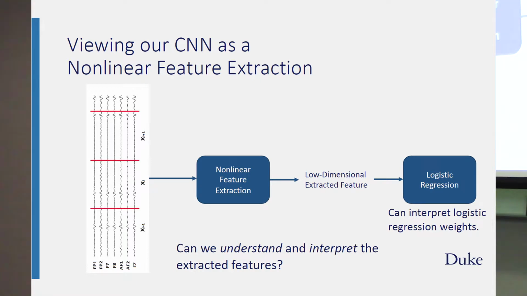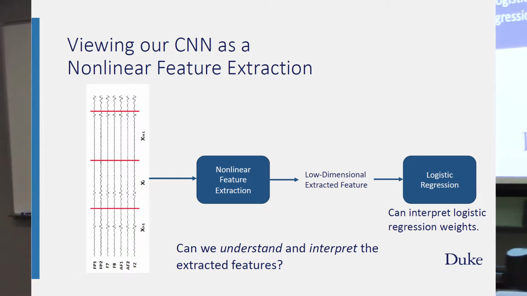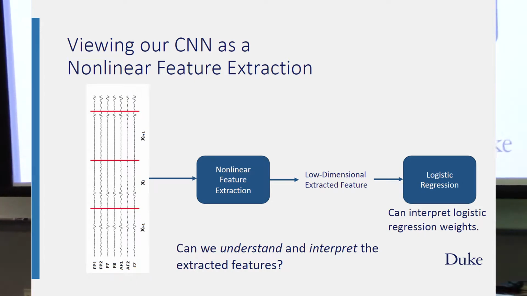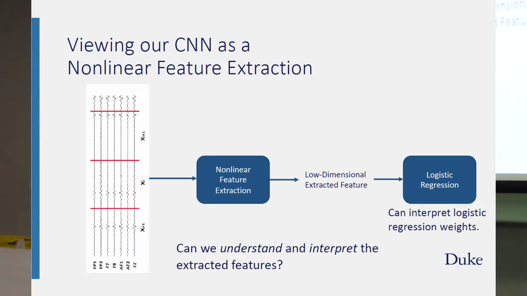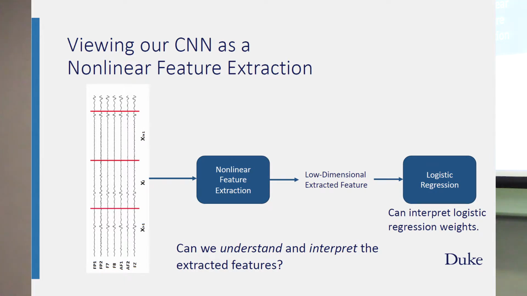So we have our EEG data, we take a window of EEG data, we have a nonlinear feature extraction, we have a low-dimensional extracted feature, which is just our k-dimensional vector, and then we just do logistic regression. I think most people would agree that logistic regression is a very interpretable model. If the regression weight is high, we think there's a positive response to that outcome. If the regression weight is low, there's a negative correlation between this and the output.